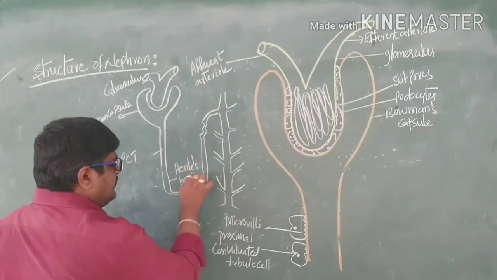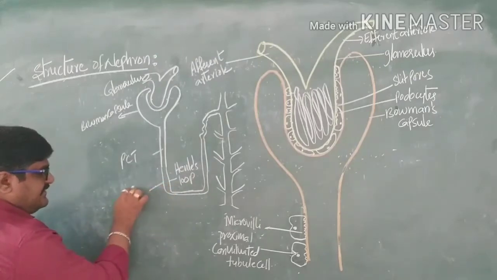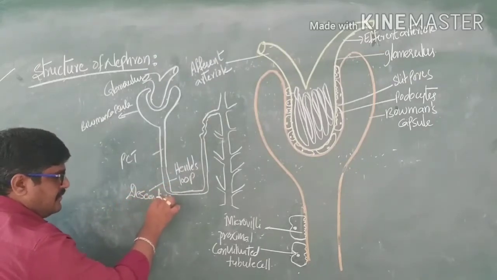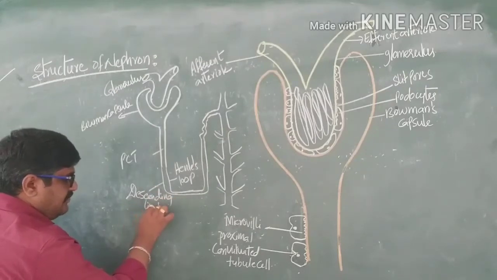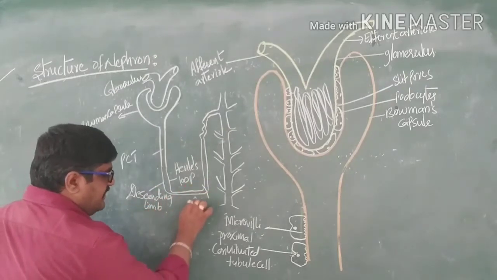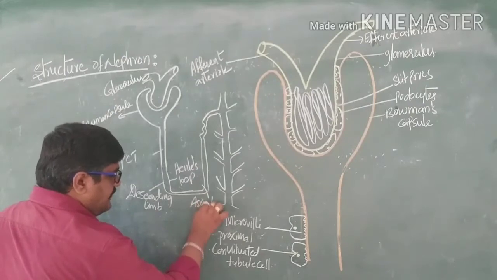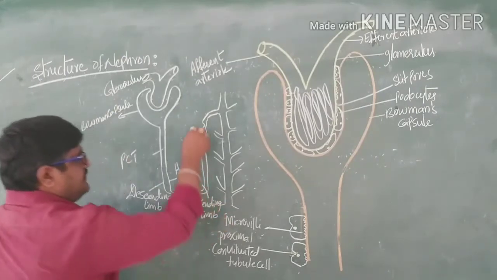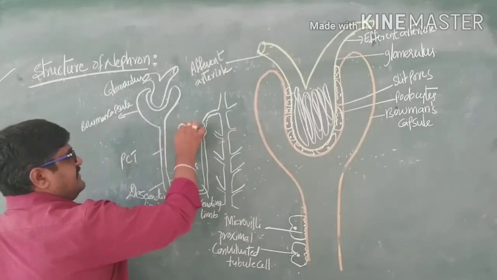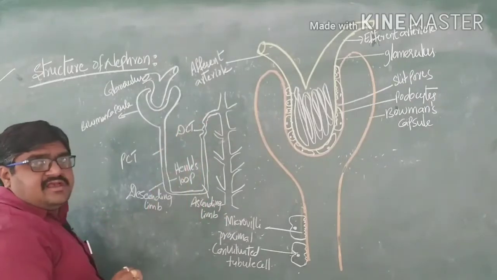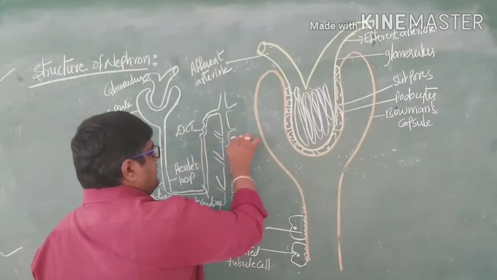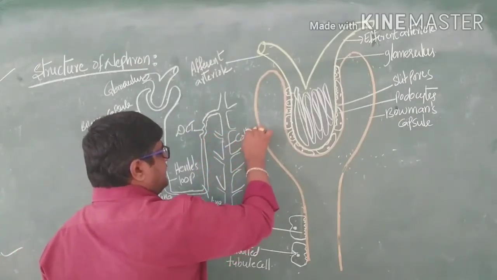Henle's loop consists of the descending limb, and this is an ascending limb, and this is called a DCT. DCT means a distal convoluted tubule, and this is called the collecting duct.